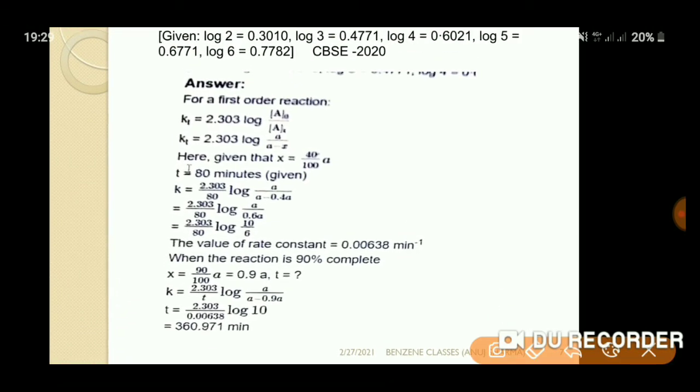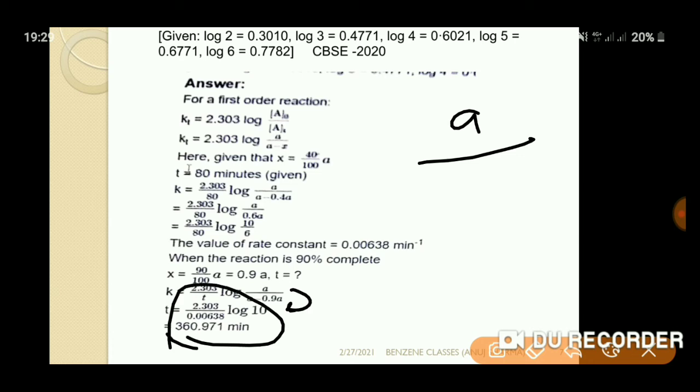So a upon a minus 0.9 a, you will get only log 10, because a minus 0.9 a gives only 0.1 a. So the log 10 value comes from here. If you solve this problem, you will get 360.971 minutes.